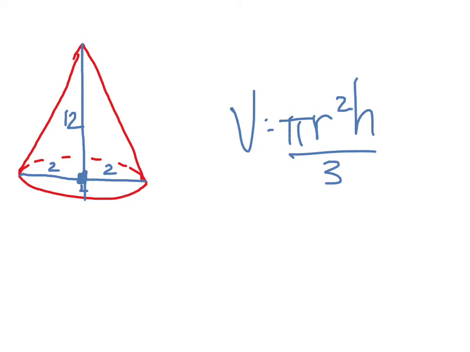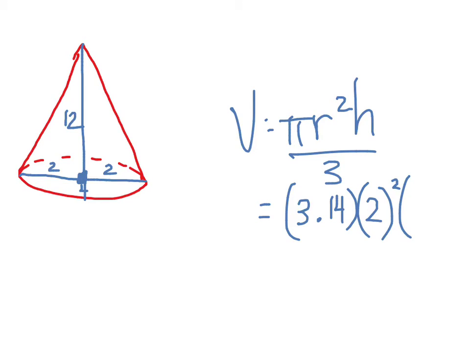So there's my formula we're going to use for this one. So if I plug everything in, I'm assuming most of you are using 3.14 for pi, or you're using the pi button on your calculator. What's the radius that you just told me? 2 squared. What's the height? 12. And I'm going to divide the whole thing by 3. And from here, it just becomes me plugging all that into a calculator and seeing what comes out. So I'd take 3.14 times 2 squared, or 2 times 2, times 12, divide it all by 3.